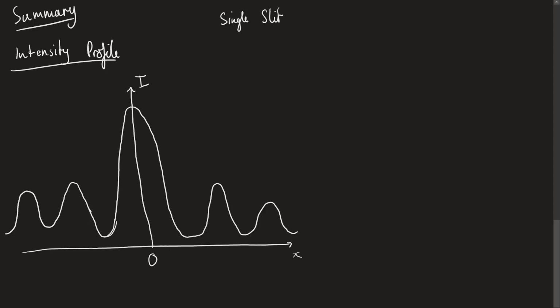Now the double slit is going to have smaller interference patterns in between these. We're still going to have a central maxima that will reach the same amount, but that central maxima is going to be split into smaller fringe patterns.